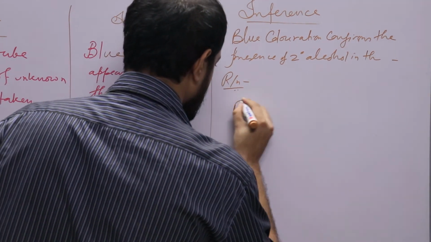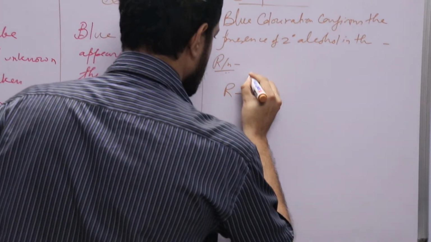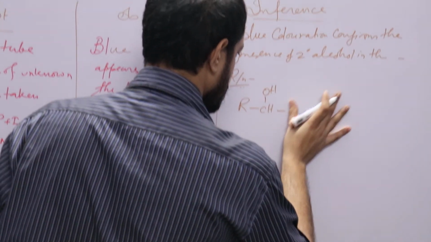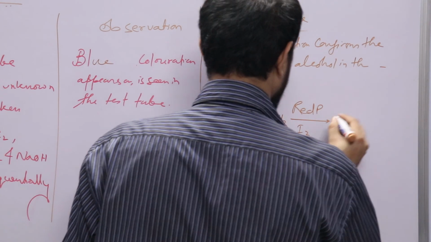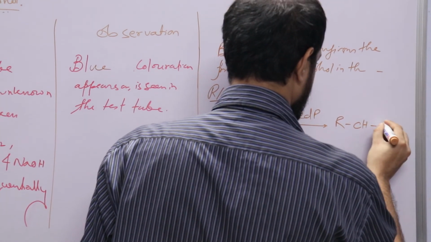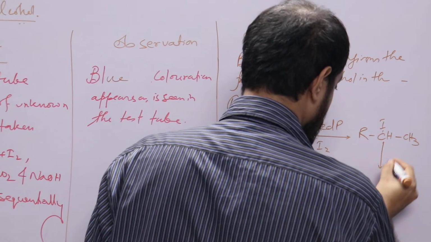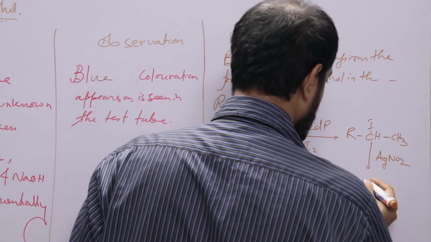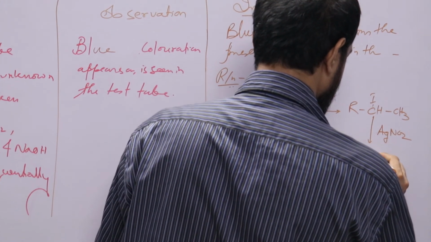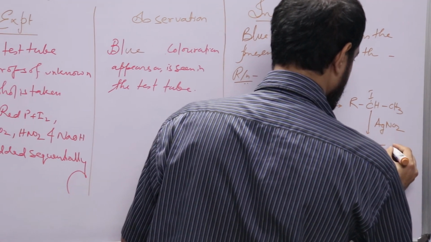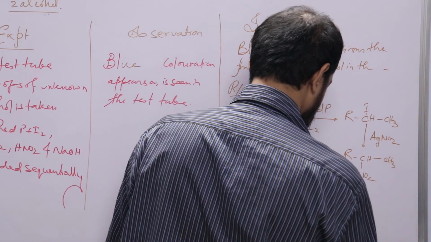okay. So red phosphorus iodine, that is RCH3I. Okay, to it AgNO2 is added, RCHNO2CH3, to it OHNO, right?